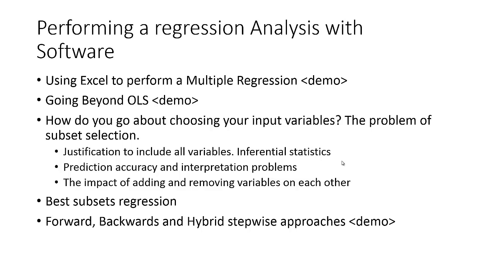So best subsets regression, often it's seen as the gold standard of doing it, and it allows you to evaluate every subset. So it's essentially like creating that many different regressions. You possibly can't manually do it in Excel, but you might be able to do it in another language.